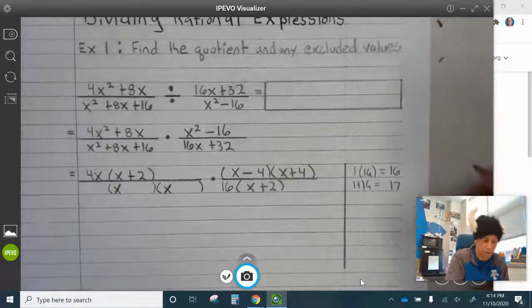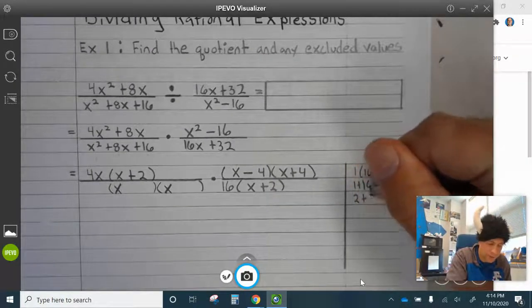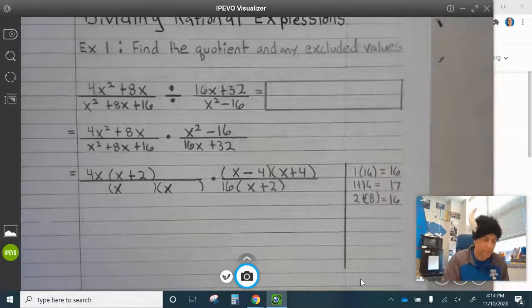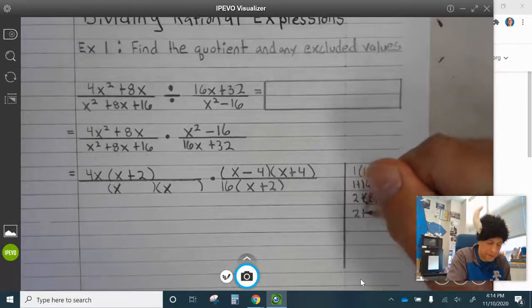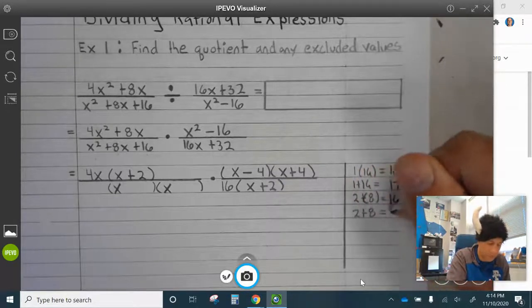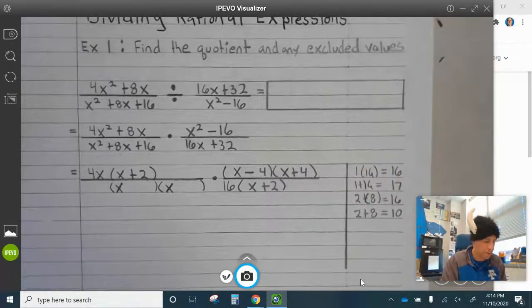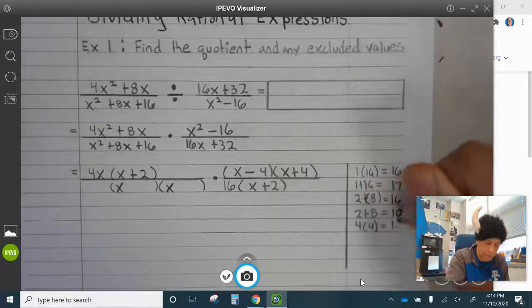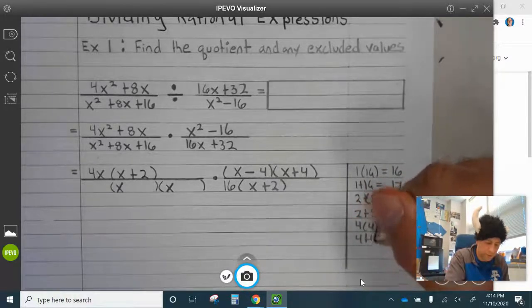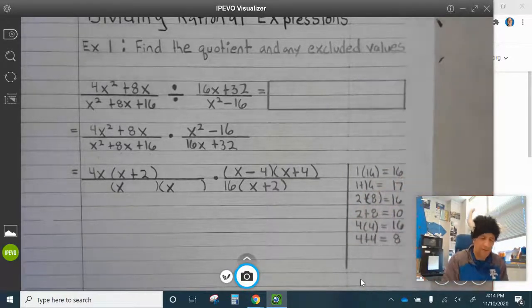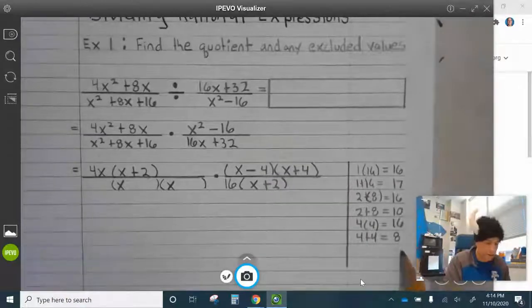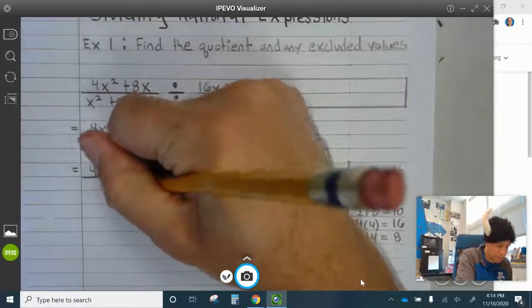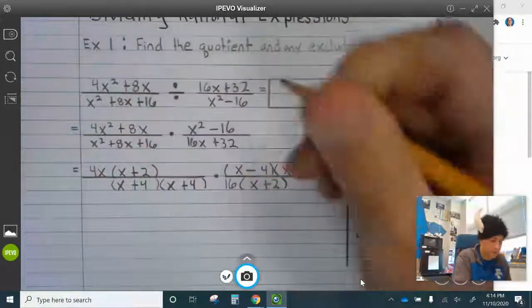That doesn't work. 2 times 8 is 16. 2 plus 8 is 10. We're getting closer to the 8. Let's see, 3 doesn't work. 4 times 4 is 16. 4 plus 4 equals 8. So we have our 16 and our 8. So this is x plus 4, x plus 4.